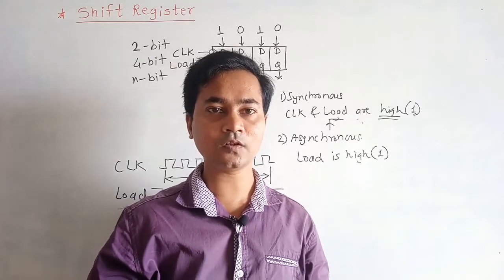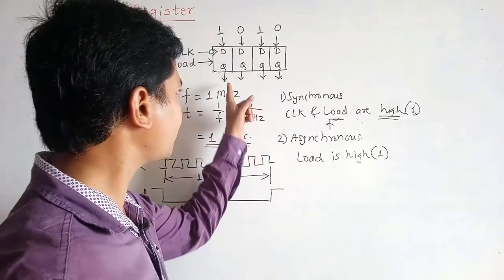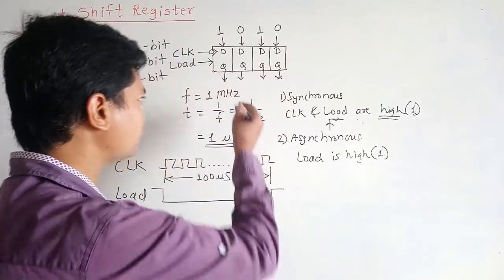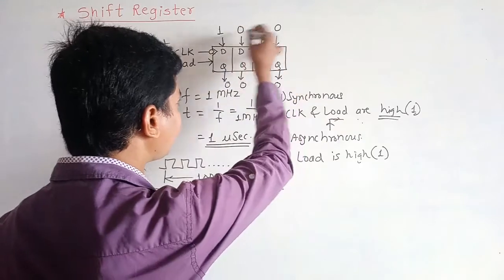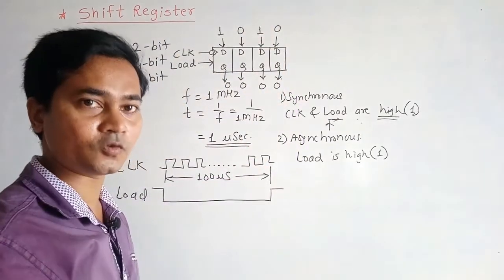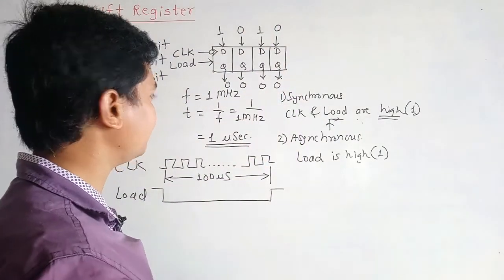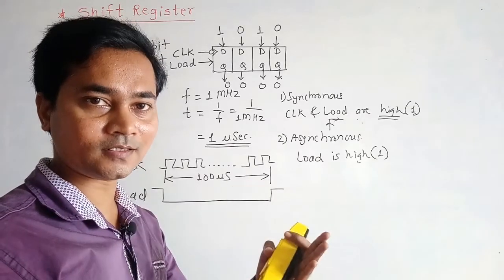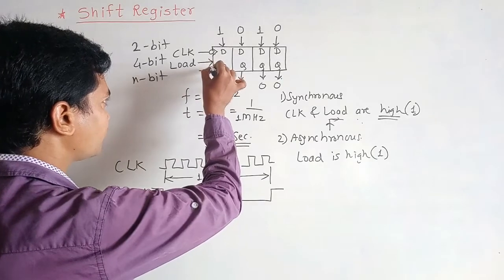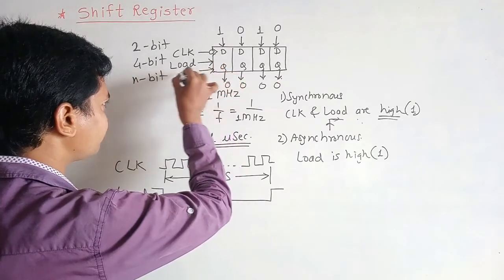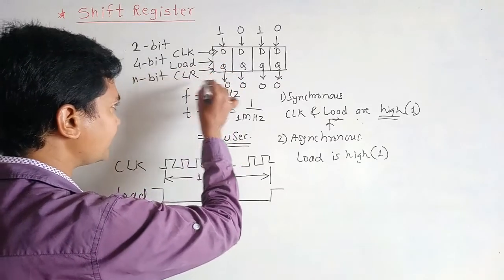Whenever we want to clear the outputs of the shift register, that means I want to bring 0 0 0 0 here irrespective of the inputs to the shift register, then we have the third control signal, and that is the clear signal. So clear is used for clearing the outputs.